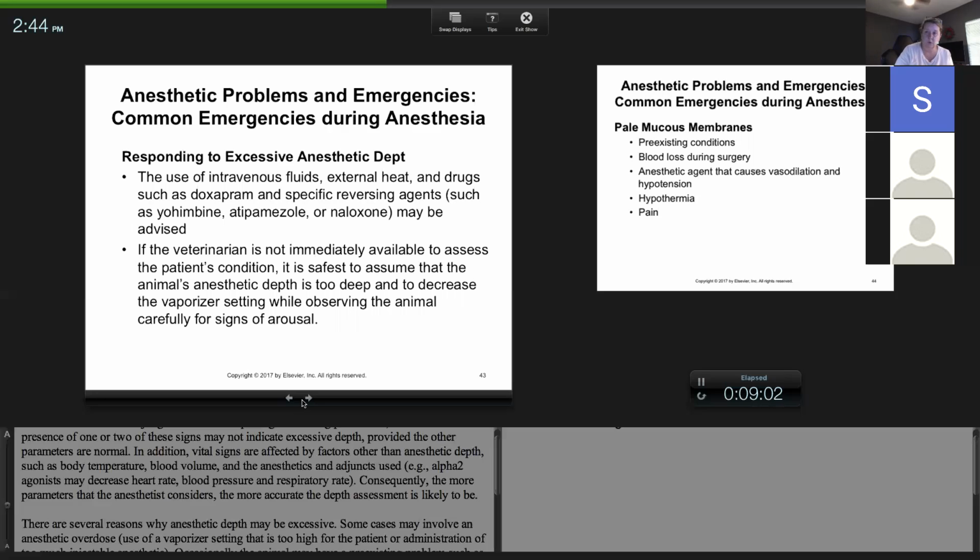You're using butorphanol and buprenorphine. Both of those are not fully reversible. Like I said, most of the time we don't have to reverse a dog with butorphanol because it's an agonist-antagonist. So most of the time you're going to just reverse the Dexdomitor.